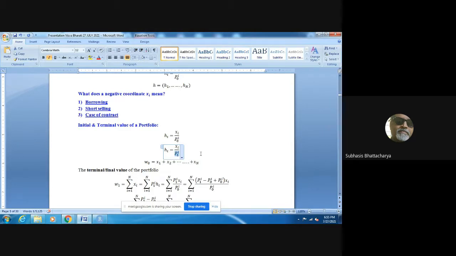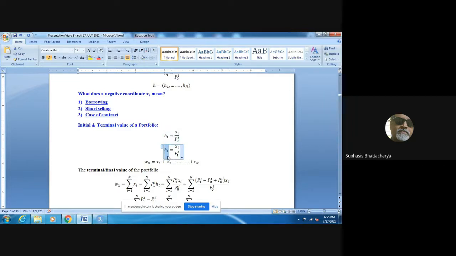The quantity of shares turns to this Hi now. That is the final value. So this is the initial value of a particular share in the portfolio, and this H is the final value of a share in the portfolio.